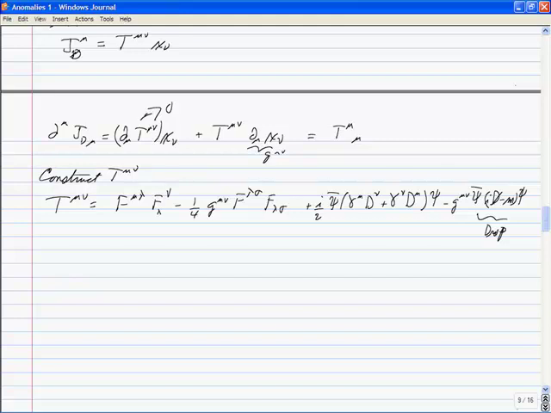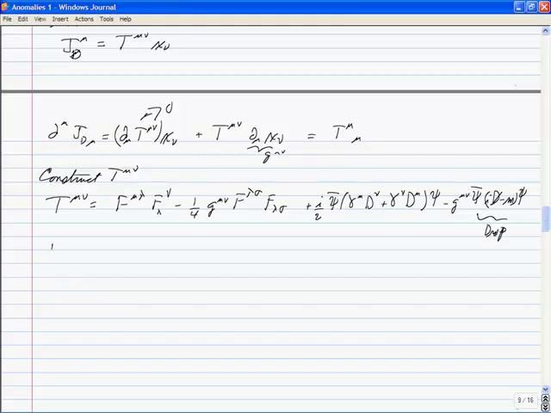This term, if you look at T00, gives you the 1 half E squared plus B squared piece. The T0i gives you the Poynting vector. So all the usual results are contained there.